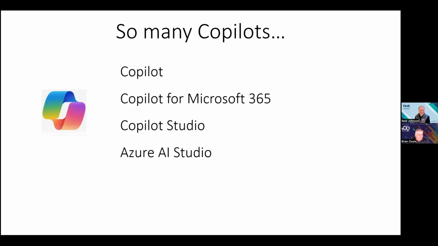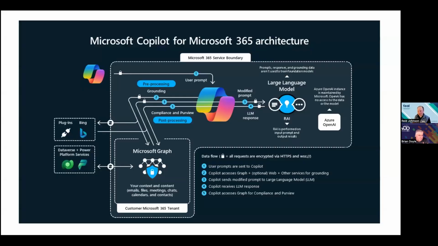Yep. Yeah. So the architecture behind all this is pretty extensive. So that's what I'm going to share next. Let me flip to that slide. So this diagram here really shows when you're using Copilot for Microsoft 365, what all is happening. So you're going to type in a prompt, create a document for me, or you're going to ask it some information.